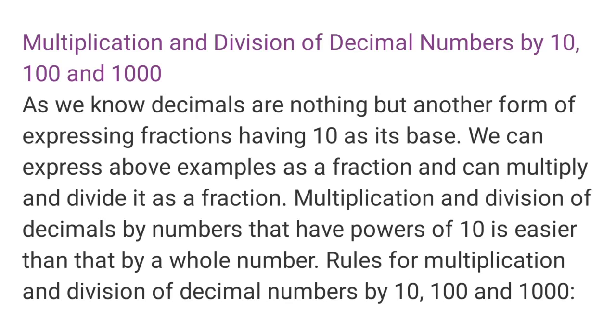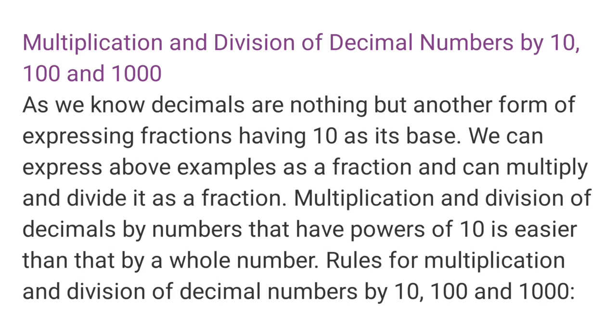Now let us learn about multiplication and division of decimal numbers by 10, 100 and 1000. As we know, decimals are nothing but another form of expressing fractions having 10 as their base. We can express the above examples as fractions and can multiply and divide them as fractions.